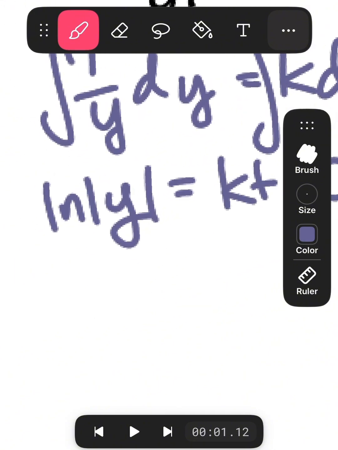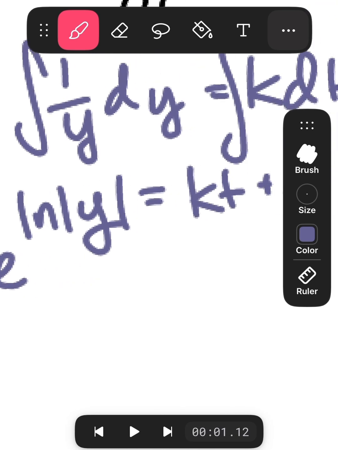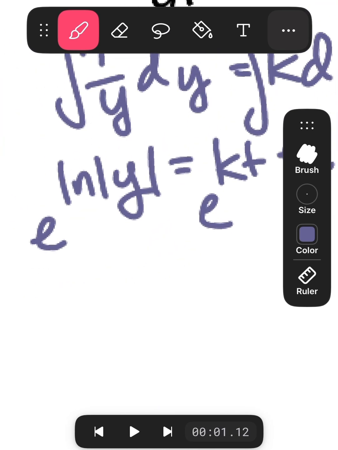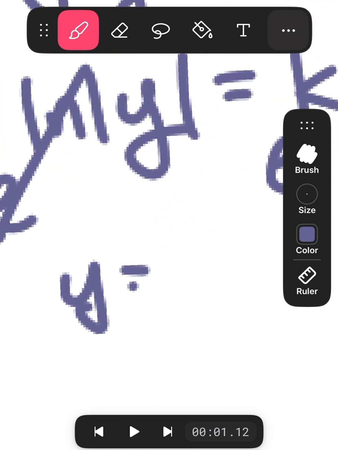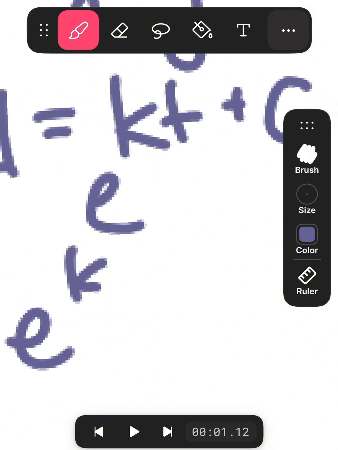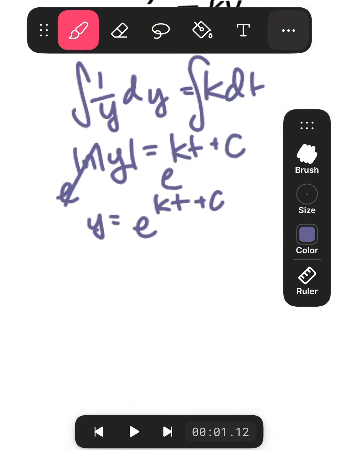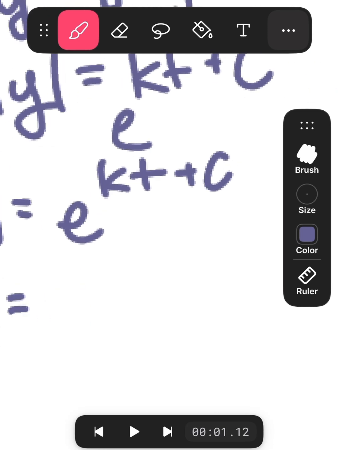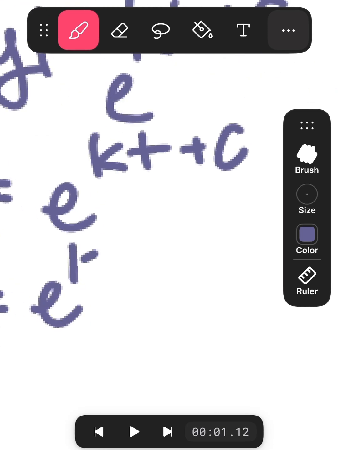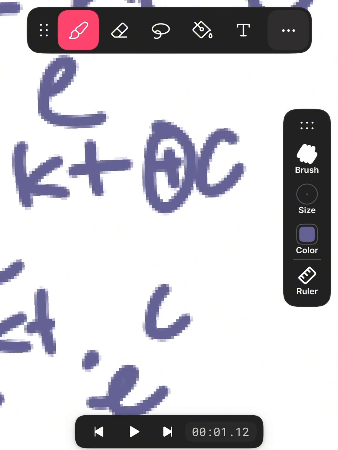Now, to get rid of this ln, we're going to take it to the e. That's going to cancel out. We get y equals e to the kt plus c. And remember what I said earlier about how e to the kt plus c is the same as e to the kt times e to the c.